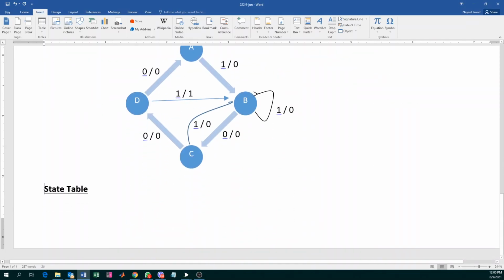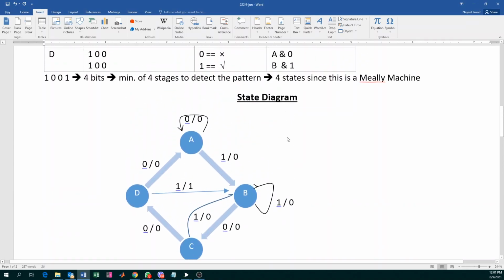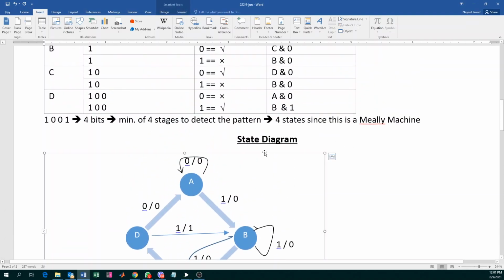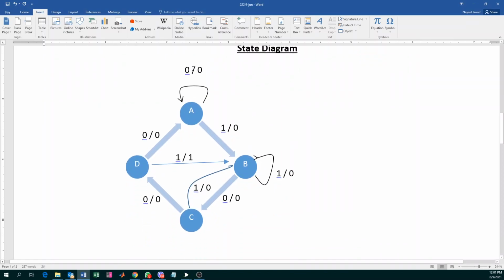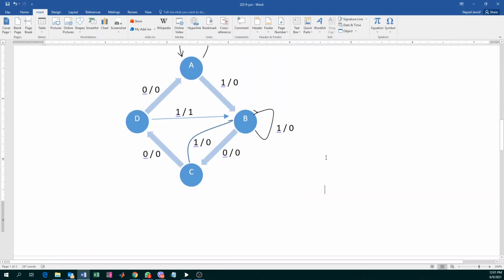Now let's talk about the state table. Now, the state table is taken from what? The state table is taken from the state diagram. We don't need to look at the previous table or the questions anymore. The moment you hit the state diagram, you're good to go.